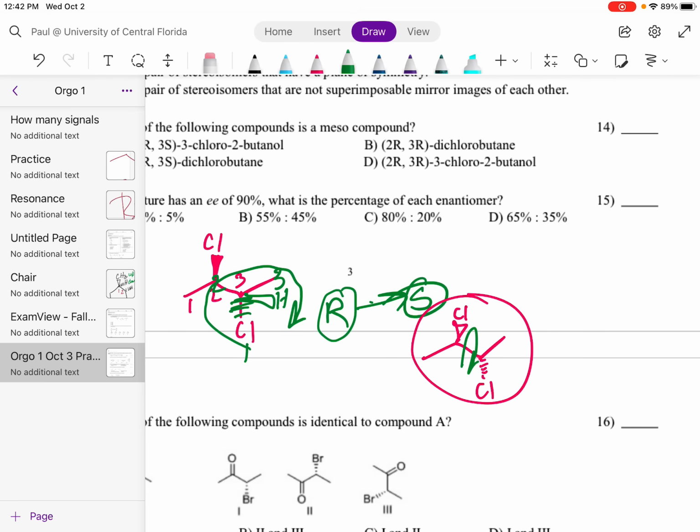We have free bond rotation around that single bond. So when we rotate these groups right here and rotate them down, look at what happens to the chlorine. Now do you see a plane of symmetry? Right down there. So that is a very, very tricky problem.